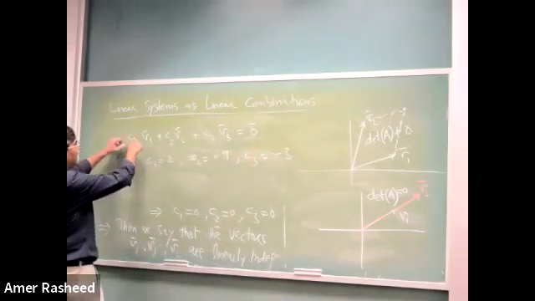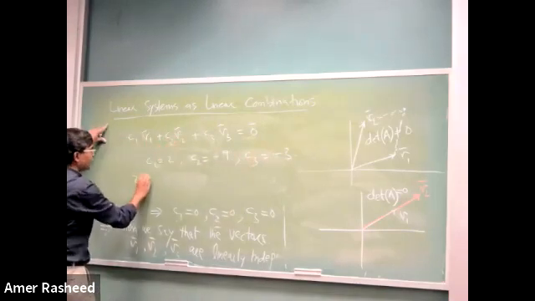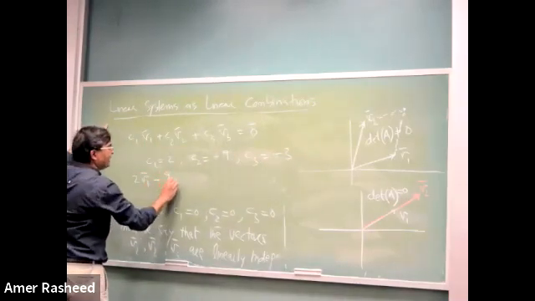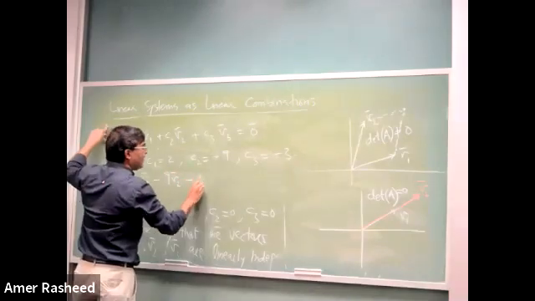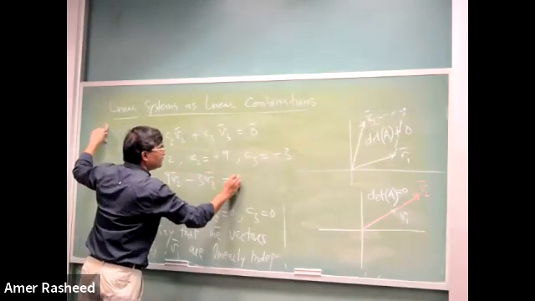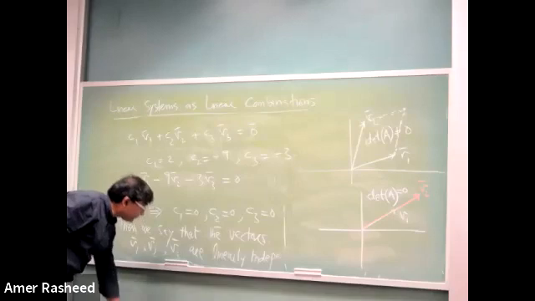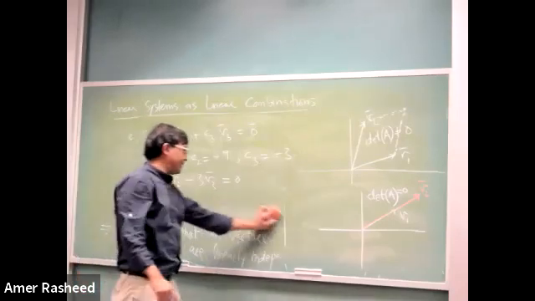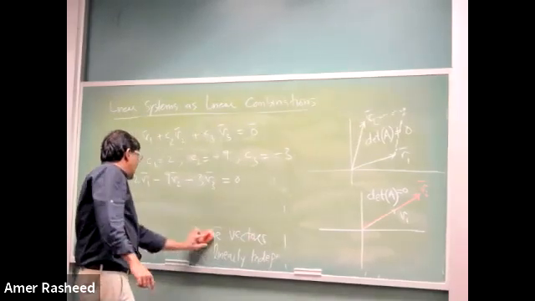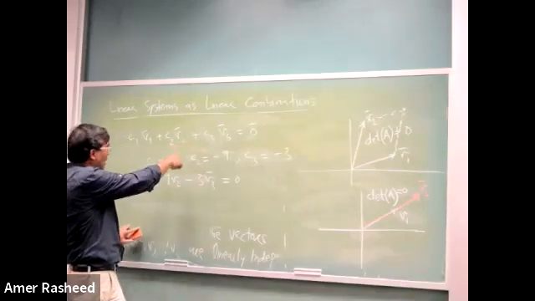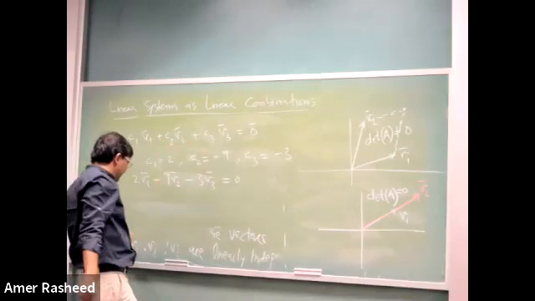And if we put these values here, what does it mean? 2V1 minus 9V2 minus 3V3 equal to 0. What does it mean? They are not linearly independent. We cannot make a parallelepiped by using these three vectors.